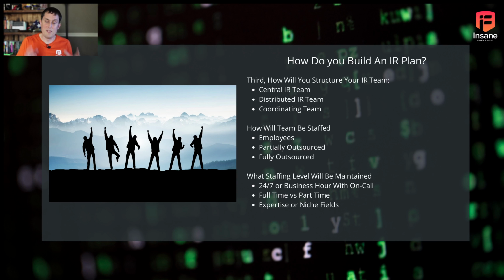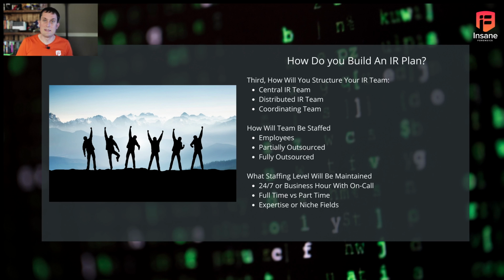Maybe your distributed team is, hey, this team is doing the Western US and this team's doing Eastern US. That's what a distributed team is. As you grow, oftentimes you need distributed teams to overcome geographic barriers and also sometimes knowledge barriers.